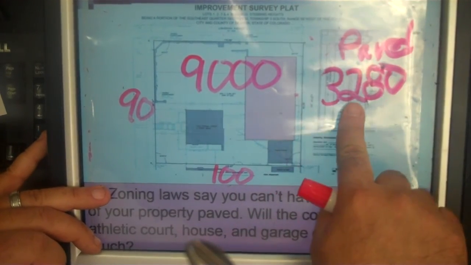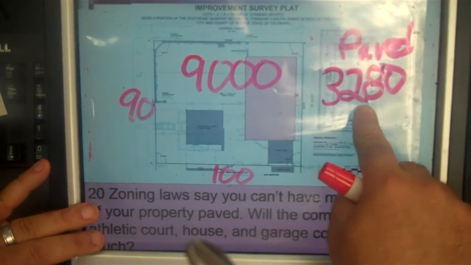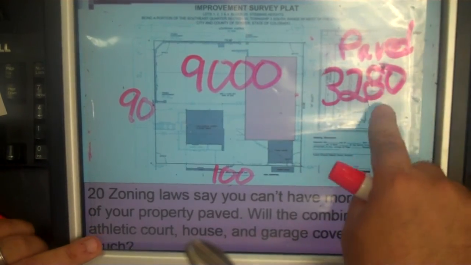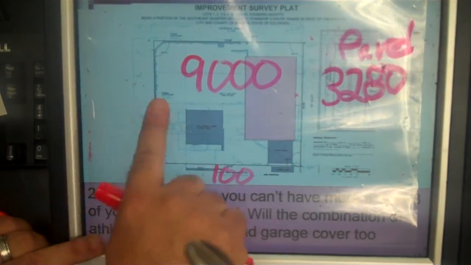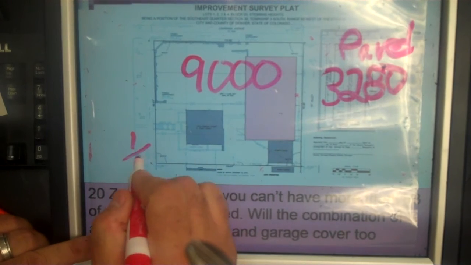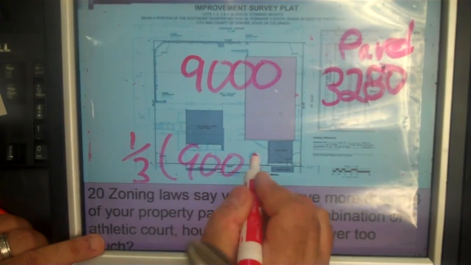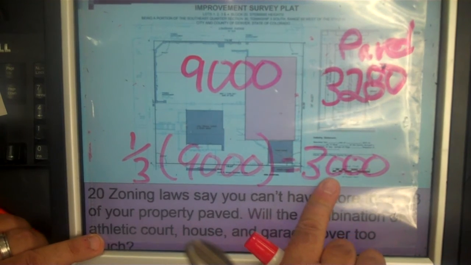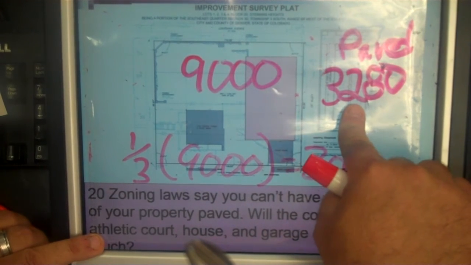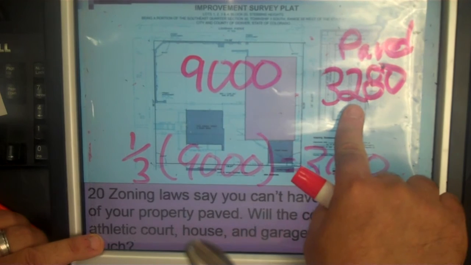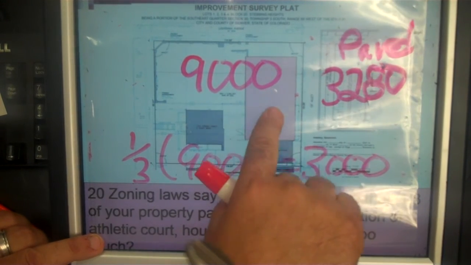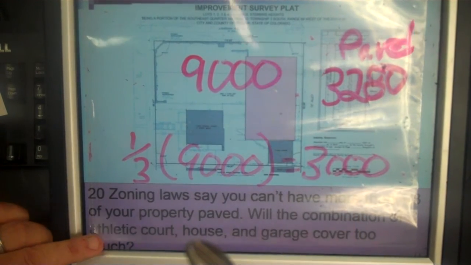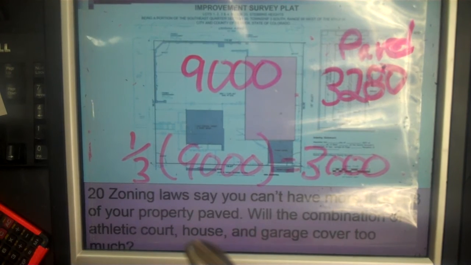This is 3,280. This is more than a third of that. 1/3 of 9,000 is exactly 3,000 square feet. It's more than that paved, and so the city is going to say, nope, you cannot make that athletic court. You're going to have to make it smaller.